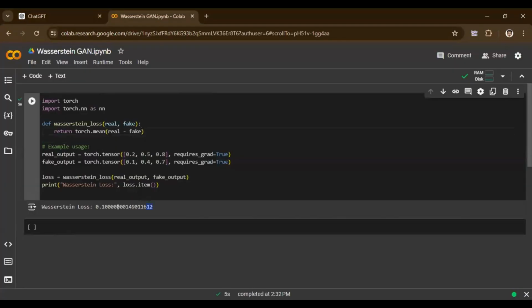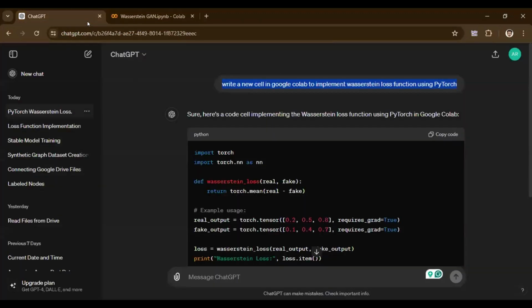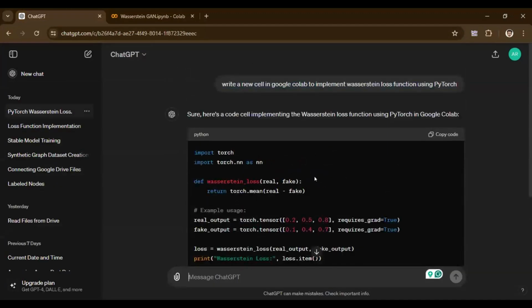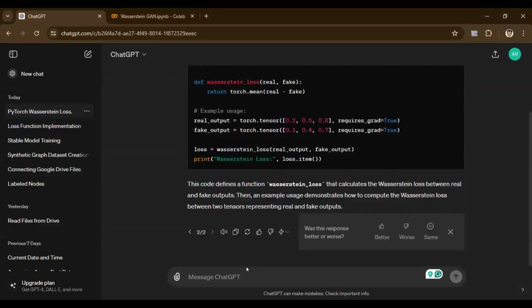Okay, this is the result of the functions with this example data. And the calculation with Wasserstein loss function is this for this example. After we implement the loss function, we can try to design a generator network for WGAN, almost like the same as before.